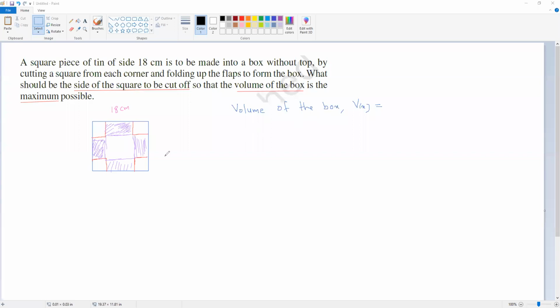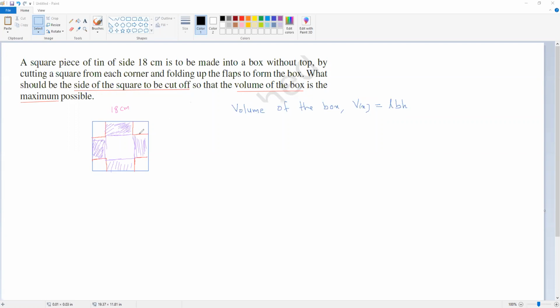What is the volume of the box? It should be length into breadth into height. Tell me what is the length, what is the breadth, and what is the height.